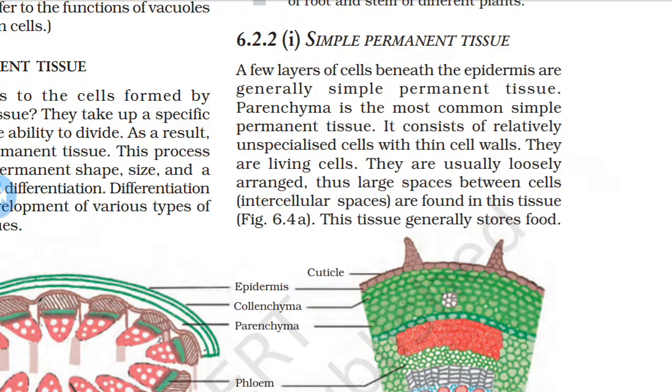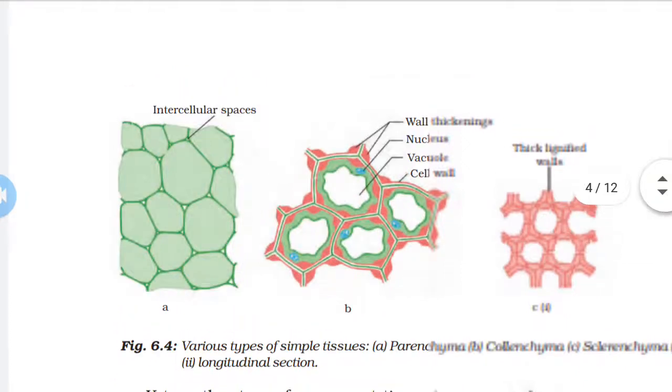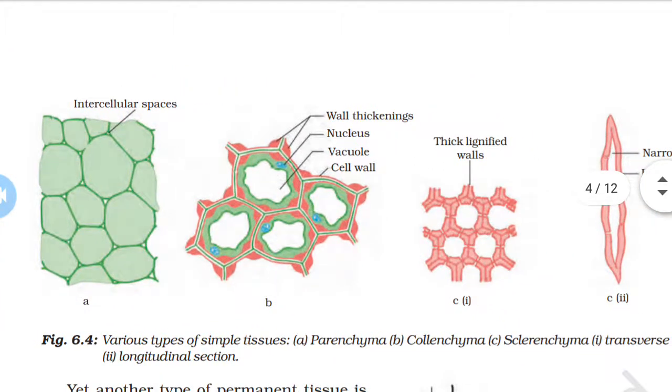Now we discuss the simple permanent tissue. The simple permanent tissue is made up of similar types of cells and hence they look like each other. The first one is parenchyma.